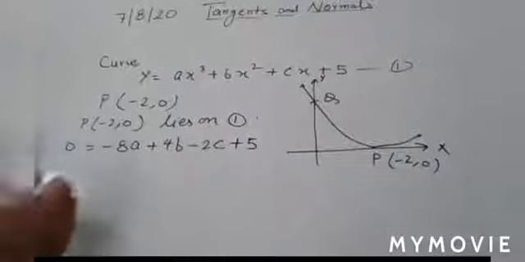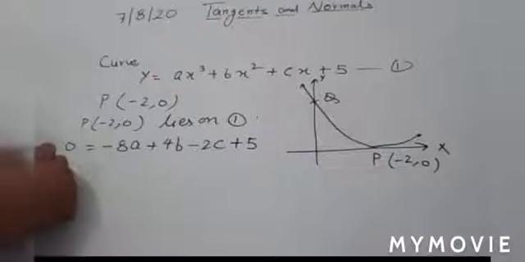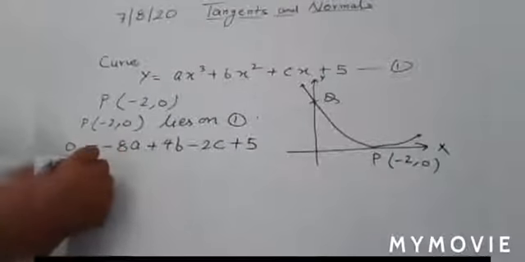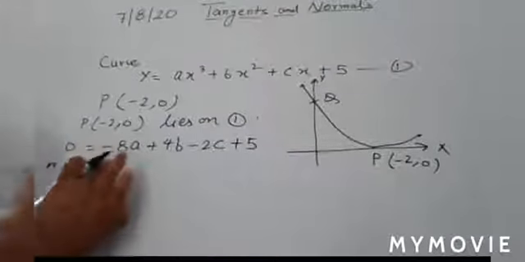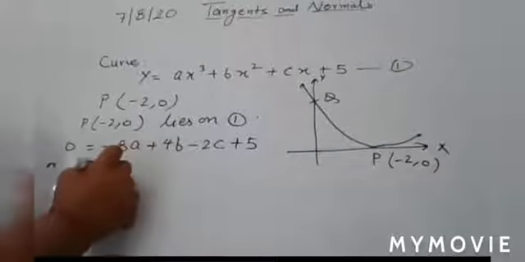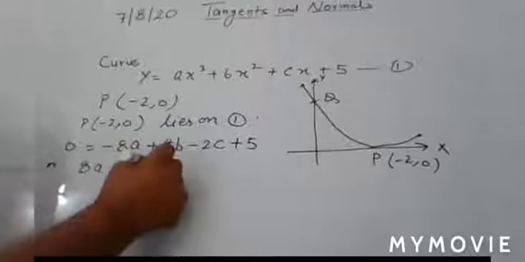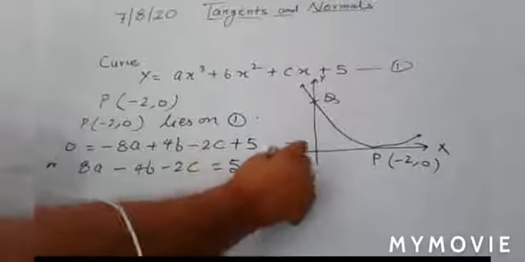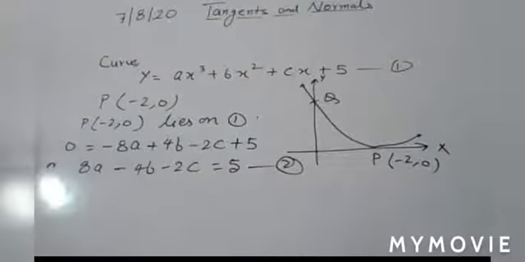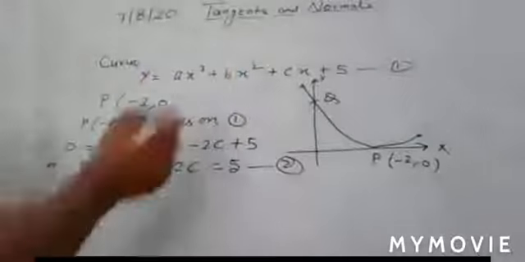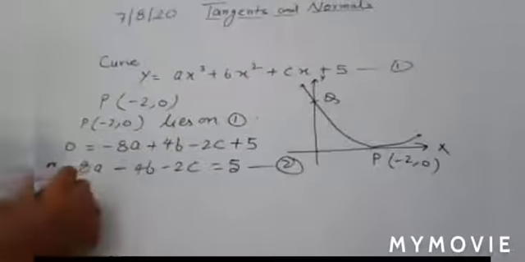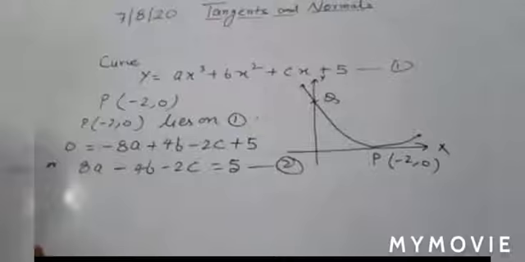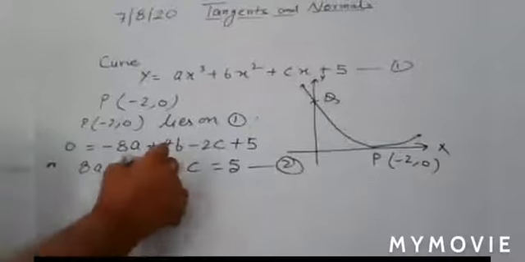Understand? So you have the equation 8a minus 4b plus 2c is equal to 5. That is your second equation.